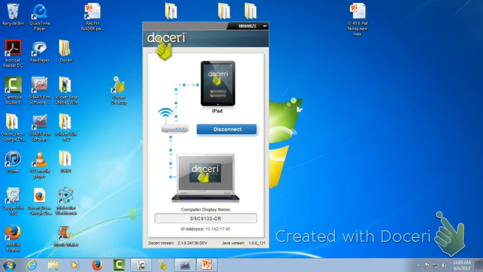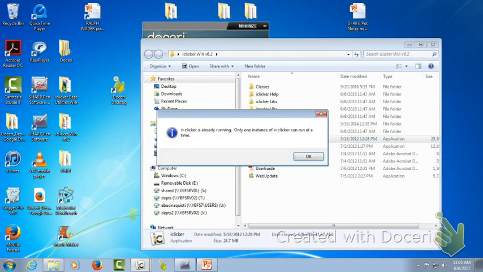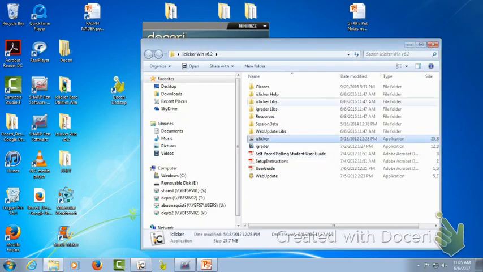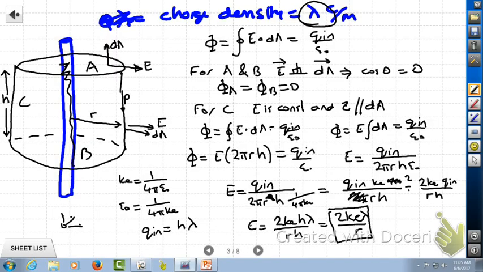Probably don't. There it is, iClicker win. iClicker's already running. You can close the one that's open in the bottom and restart it. Is there one open here? Oh, there is. That's what I want. Thank you. So I need to get out of here.